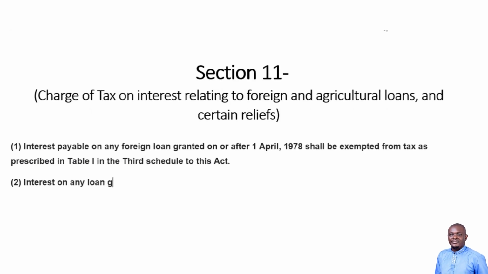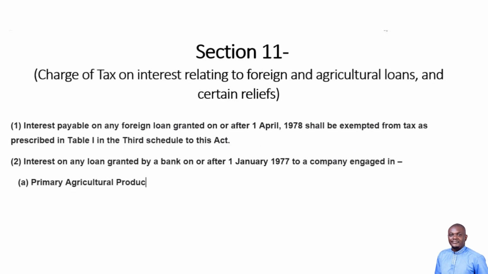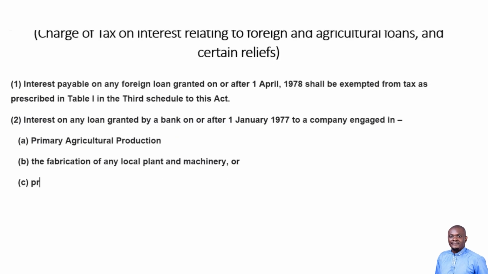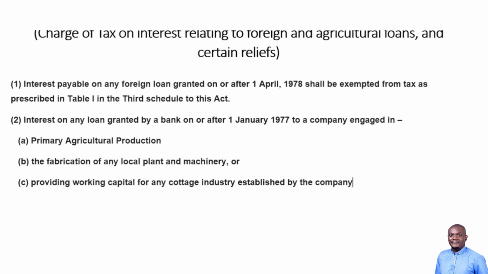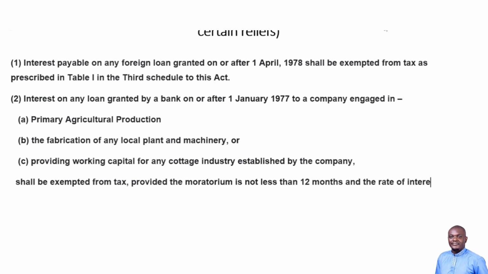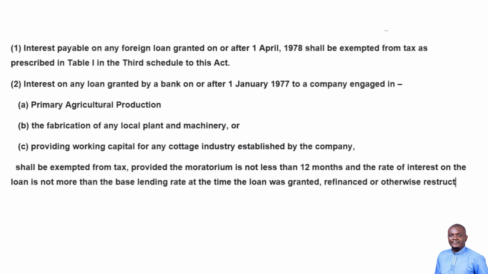Interest on any loan granted by a bank on or after 1st January 1977 to a company engaged in A. Primary agricultural production, B. Fabrication of any local plant and machinery, or C. Providing working capital for any cottage industry established by the company, shall be exempted from tax provided the moratorium is not less than 12 months and the rate of interest on the loan is not more than the base lending rate at the time the loan was granted, refinanced, or otherwise restructured.